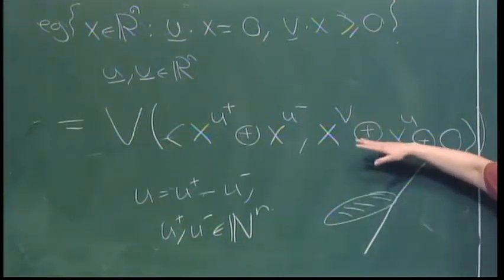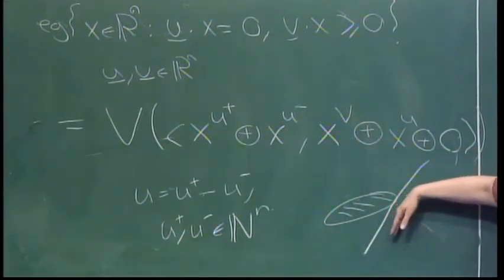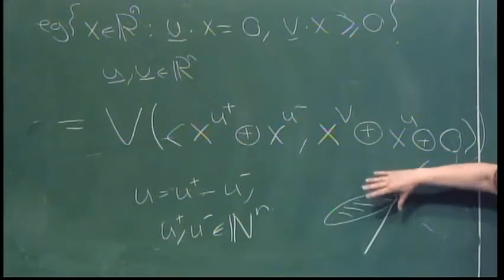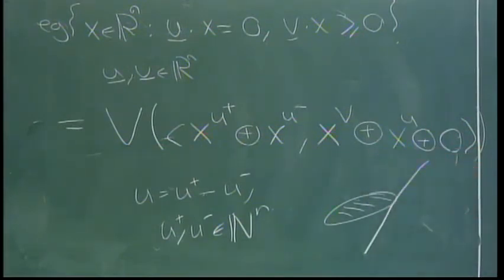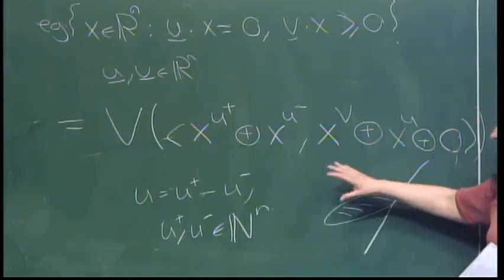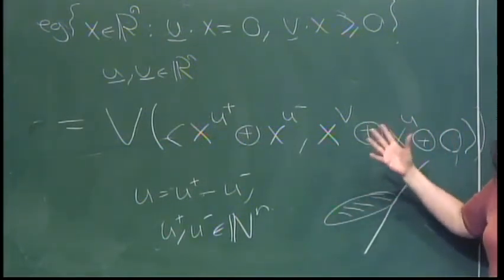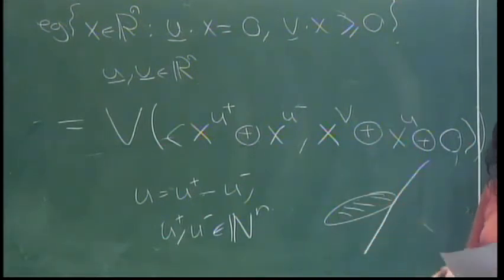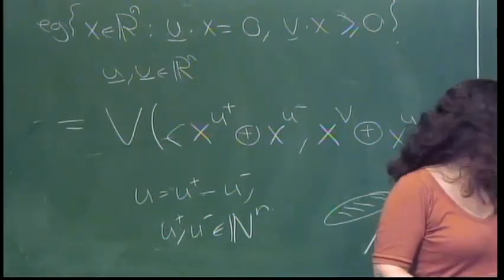I could get the line similarly, and then I just take the union. So what we're seeing is that these varieties could be pretty arbitrary. In particular, we don't want to somehow allow a circle as a tropical variety.